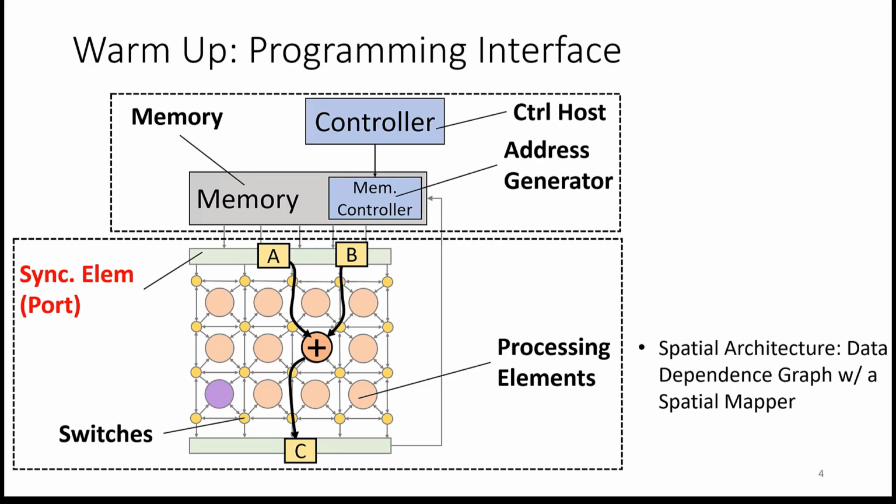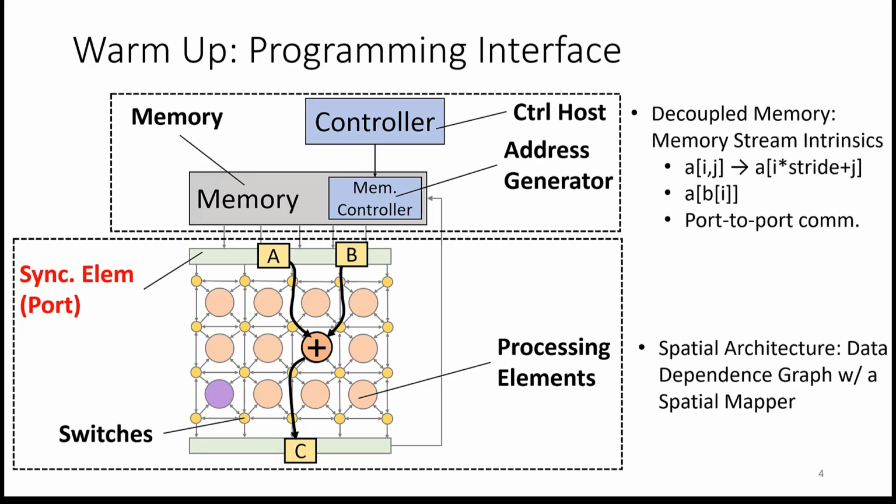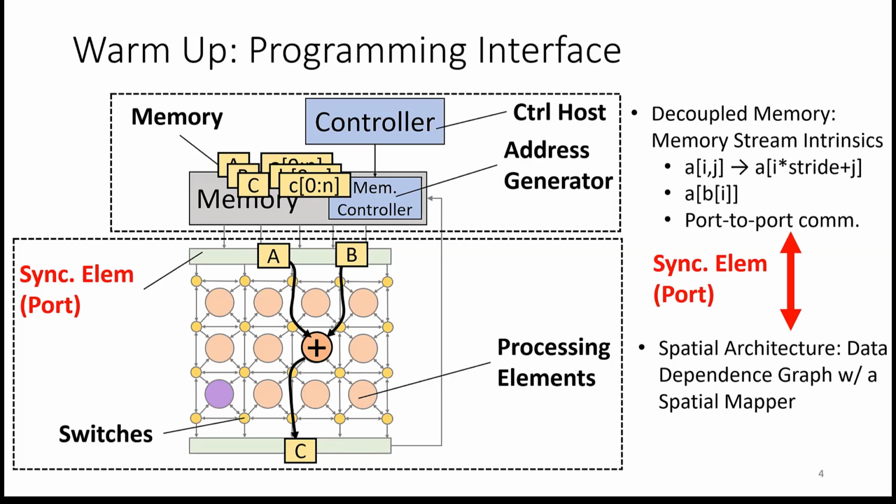On the other hand, if we want to program the control host, what we need to do is to encode the data access with specific patterns like a strided pointer and indirect memory access, as well as the port communication, in the hardware intrinsics. The interface that bridges these two aspects is the port, as aforementioned.